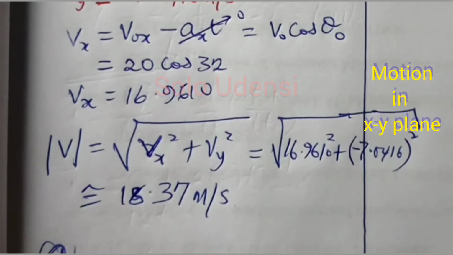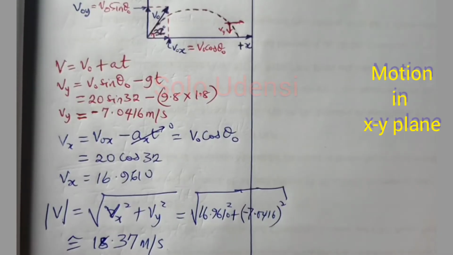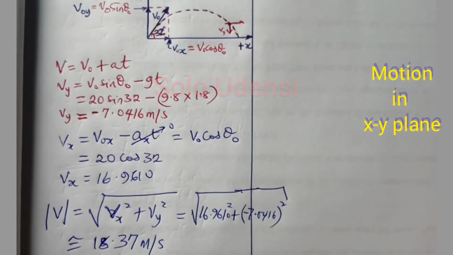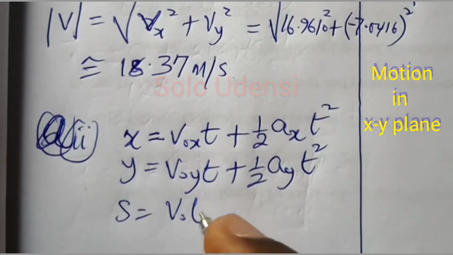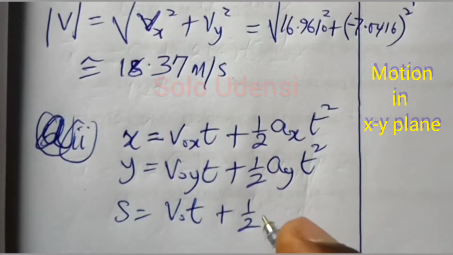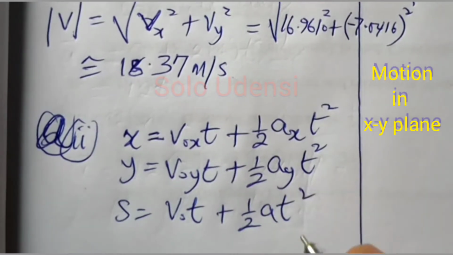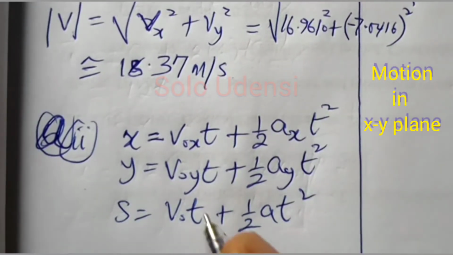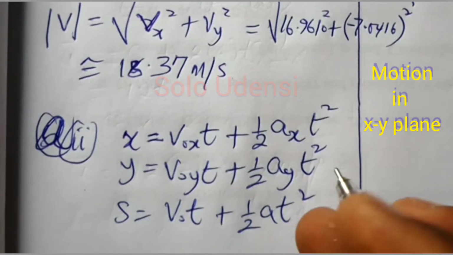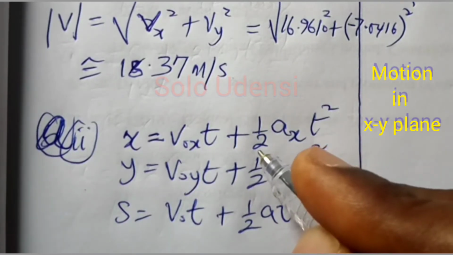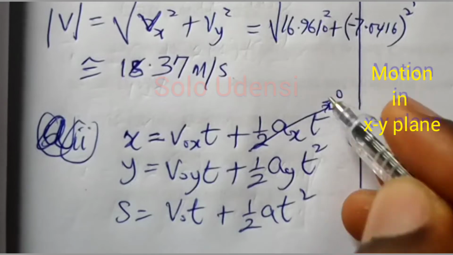For the second part of A, we are going to get the displacement along the x and y axes. The first one, we will use s equals v naught t plus half a t squared. To get the x component, we have told you that there is no horizontal component of acceleration, so this term is 0.